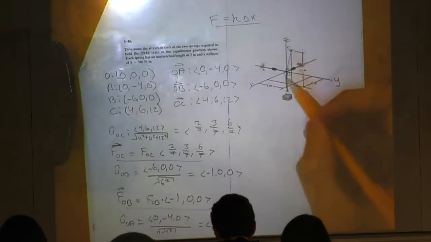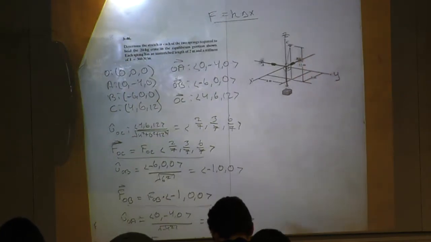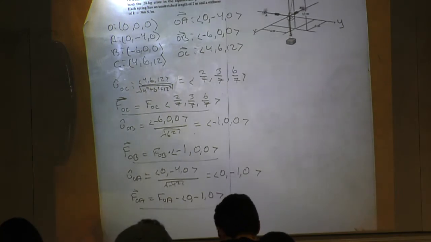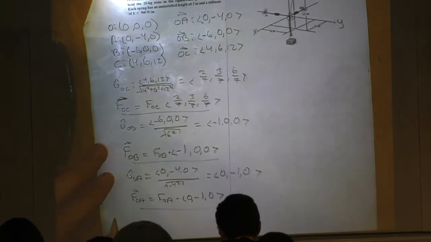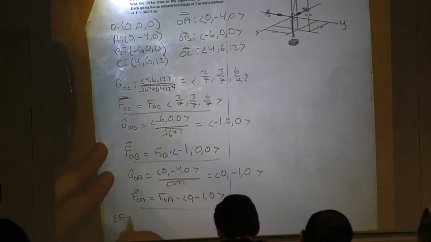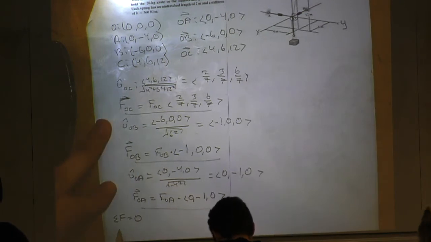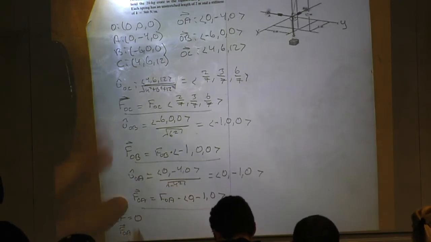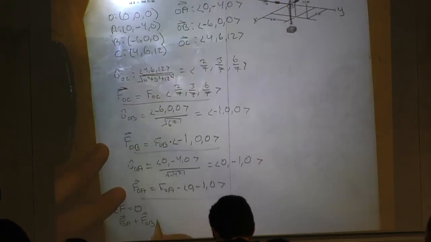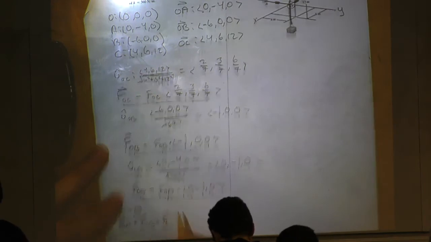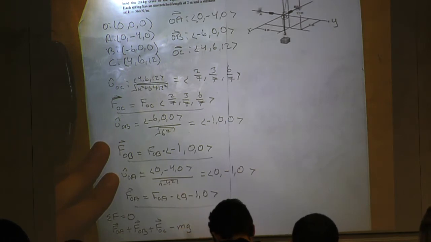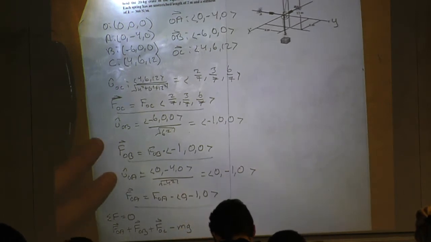I know that these three ropes are what's holding this weight up, which is why I've created three equations. Now I can use my sum of forces equations in x, y, and z: the sum of the force vectors plus the weight equals 0. Assume the tensions are all positive, because we do that a lot in statics.